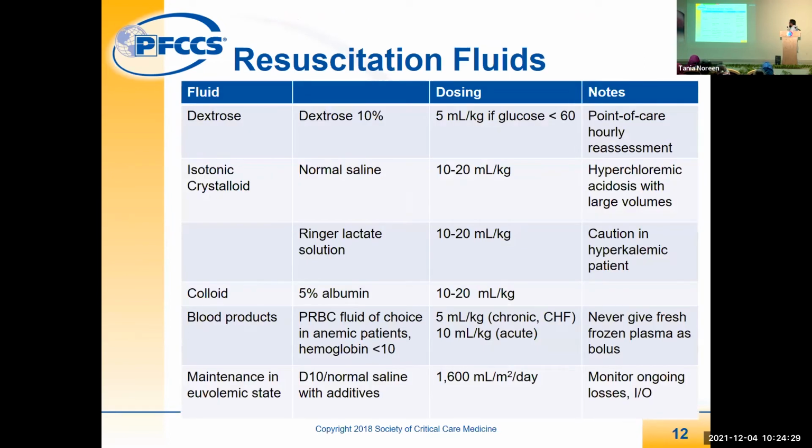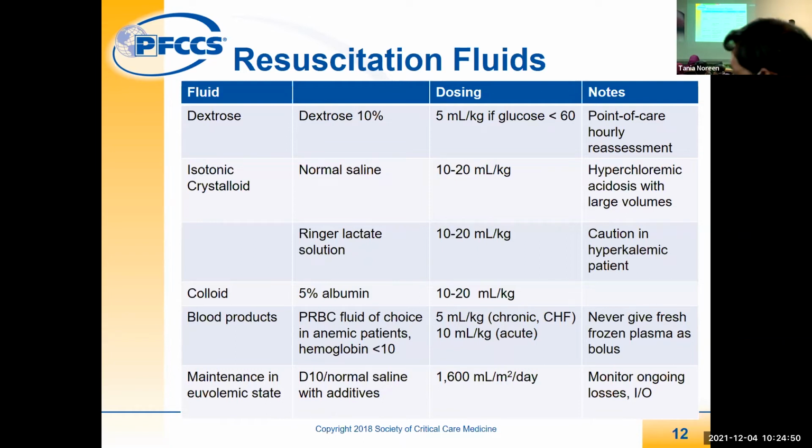So, resuscitative fluids. Dextrose is only for hypoglycemia. We give dextrose 10%, or if available 25%, that can be diluted 1:1 and then given. Of course, with a peripheral line, giving 25% will be much more hyperosmolar.